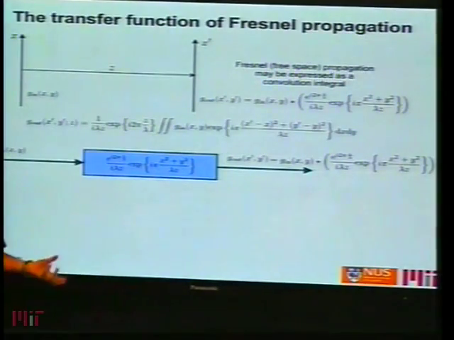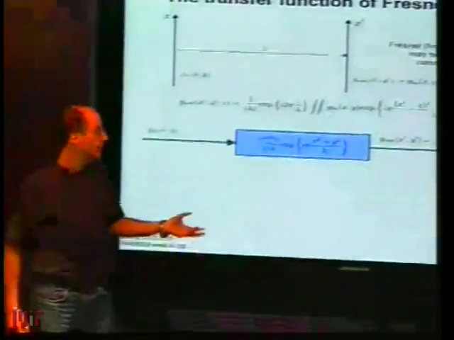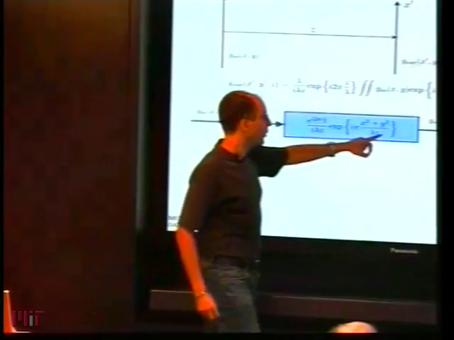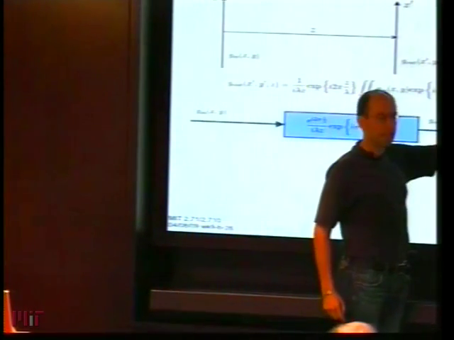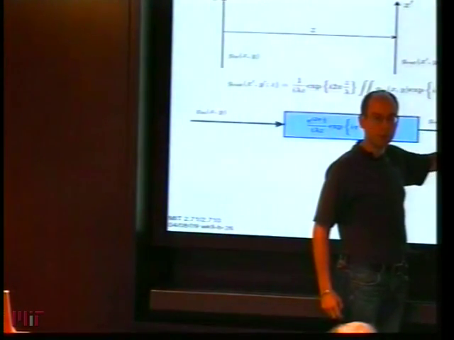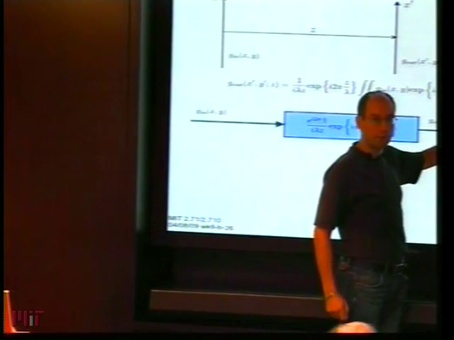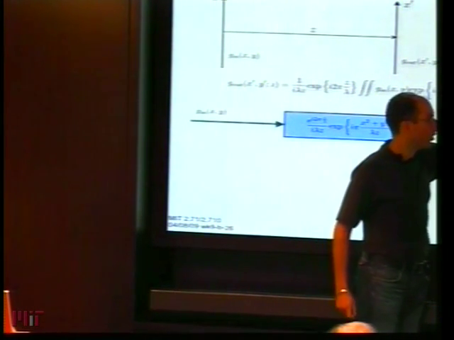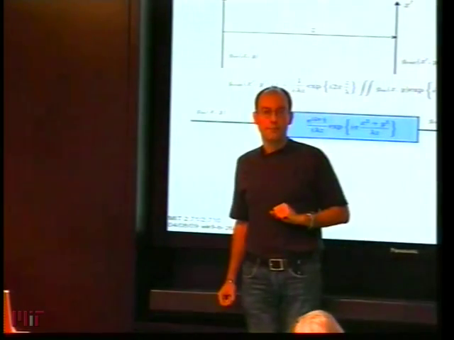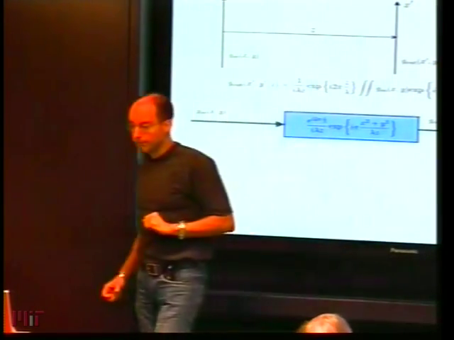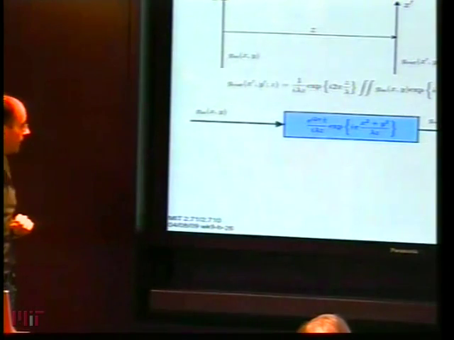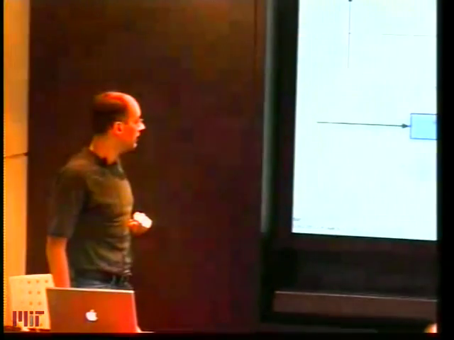But because of the properties of the Fourier transform, if I take the Fourier transform of the output field, then it will be expressed as a product of the Fourier transform of the input field times the Fourier transform of this Fresnel kernel.